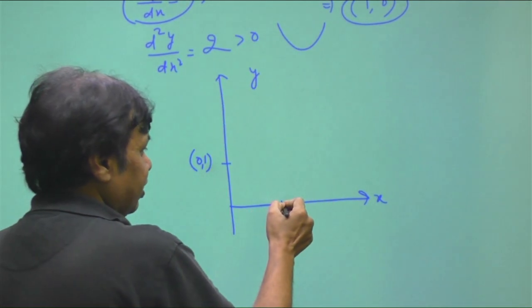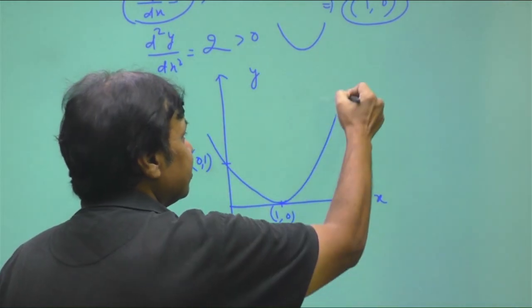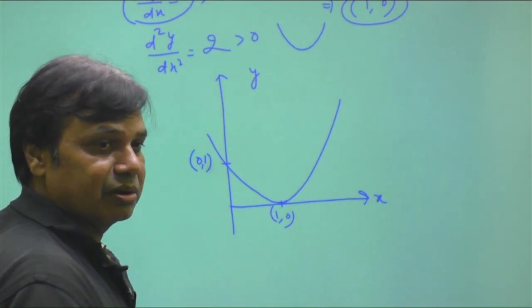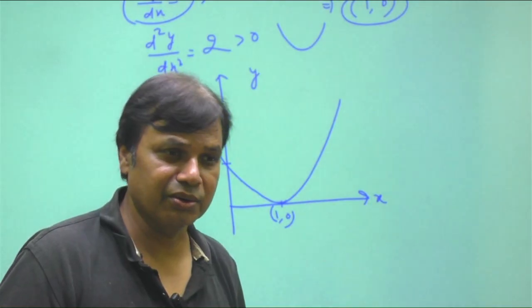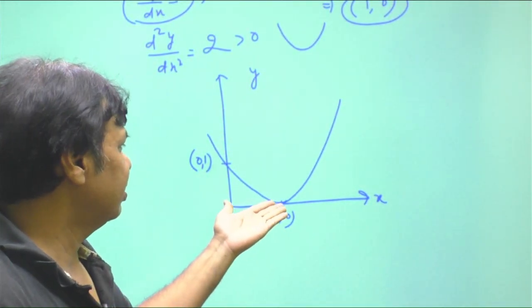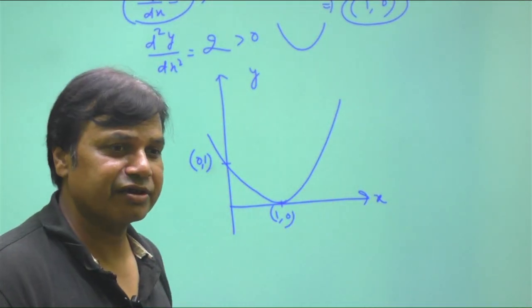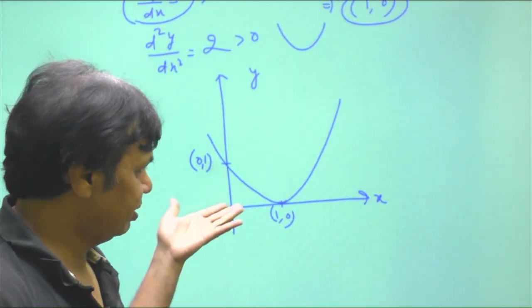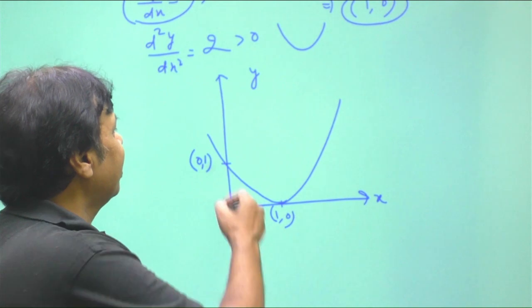So the curve is going to make its U-turn here, because when there is a U-turn, there will be either a local minima or a local maxima. That means the curve will have a horizontal tangent. Fortunately, in this case, the x-axis is its horizontal tangent, x-axis itself. And here is the graph.